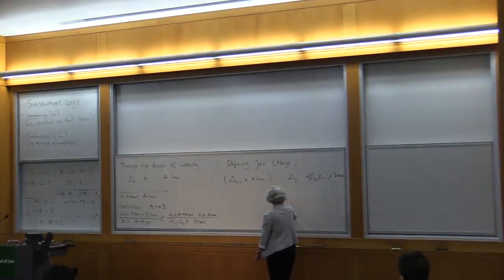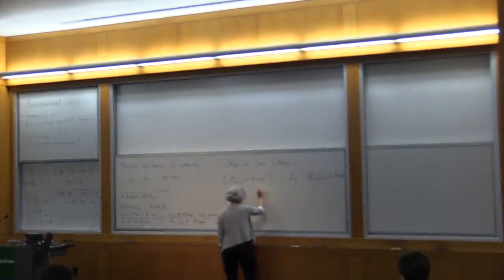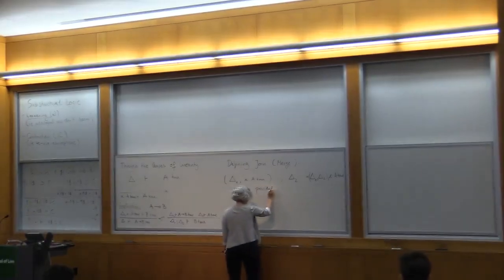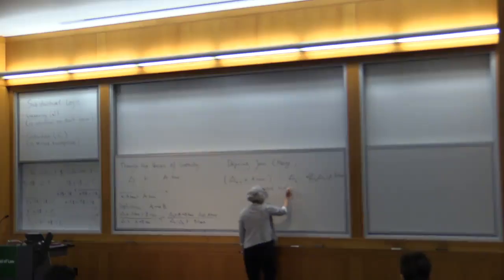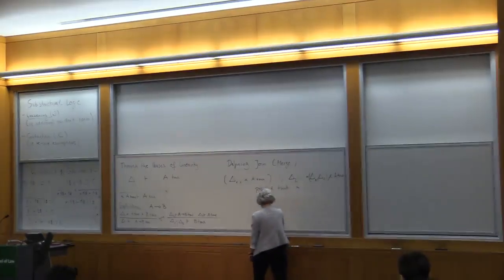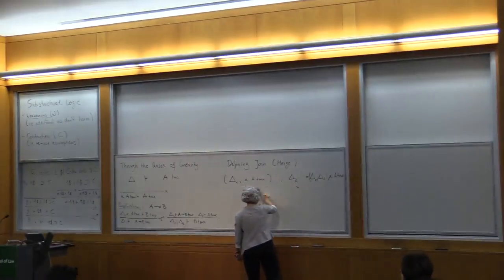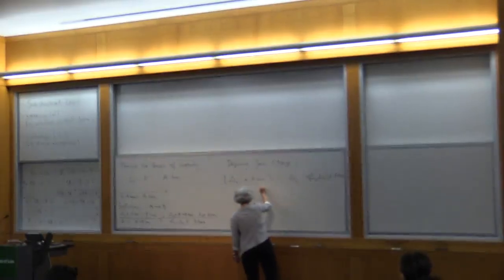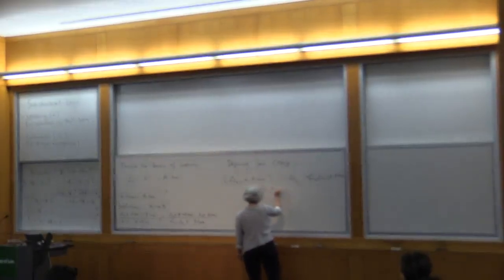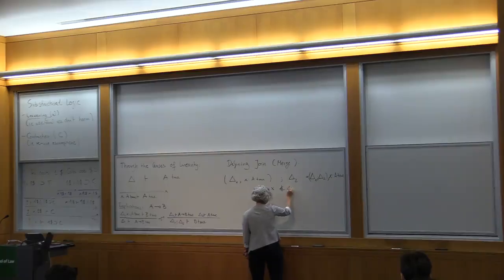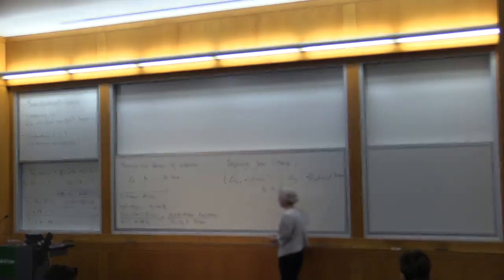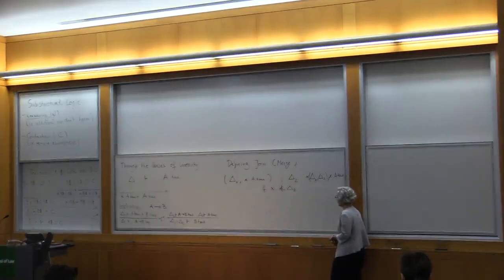And this is provided that x is not in delta 2, so we do assume that the label on these assumptions is unique.